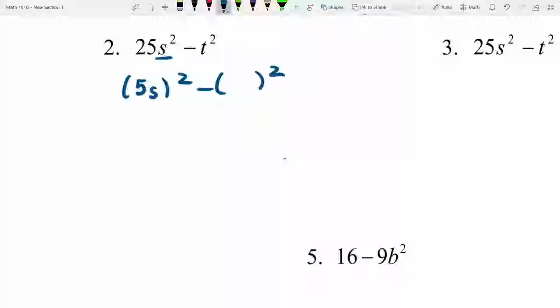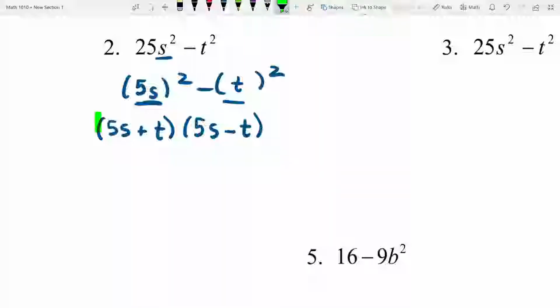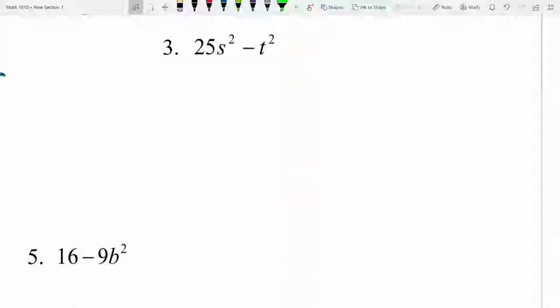And then what to the second gives you t to the second? That's a t. So here's your a, and here's your b. So you go a, which is 5s, plus b, which is t, and then a, which is 5s, minus b, which is minus t. That's your answer, and you're done. Very simple. Okay, let's go to the next one.